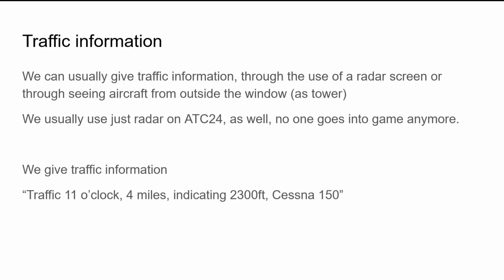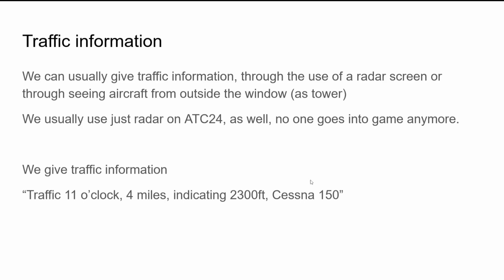So if you have two aircraft that are flying more or less towards each other, let's say we have one aircraft going forward on the right and one going southbound on the left. You can say, oh, you have traffic.